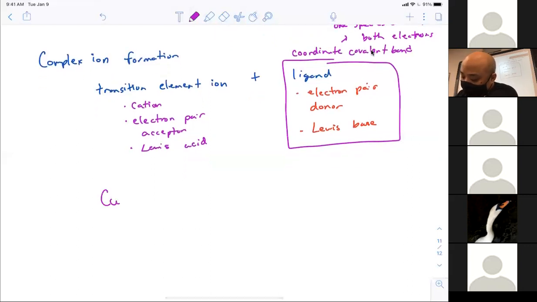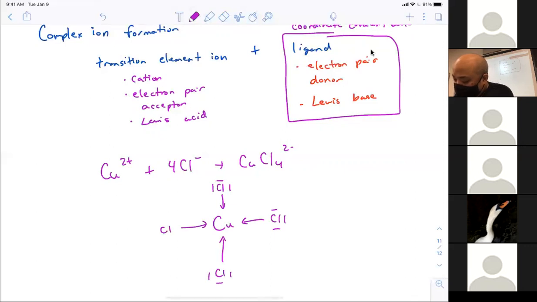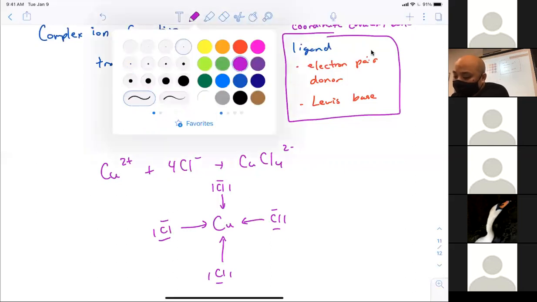For example, if you had this, because the chlorides have the electrons, you'd see a Cu in the middle and the Cl's bonding like this.